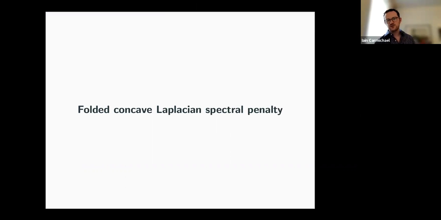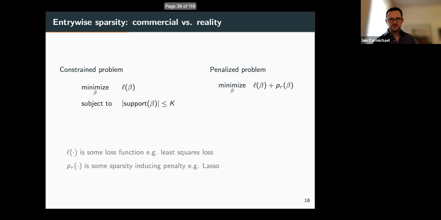So now we're going to talk about what is this penalty that I've been hyping up so much. To set the stage, if I was trying to sell you on learning with sparsity, you came to me with some loss function, I would say, hey, I'm going to solve this amazing constrained problem, where I minimize your loss function. I'm going to constrain the vector to have not too many non-zero entries.